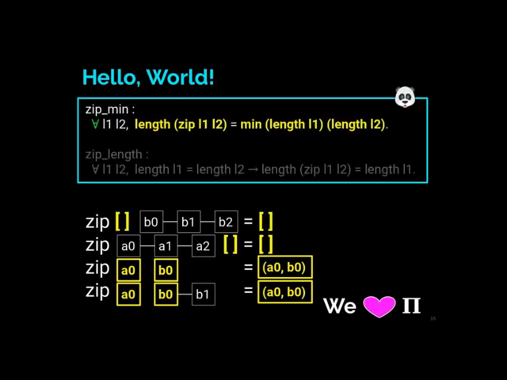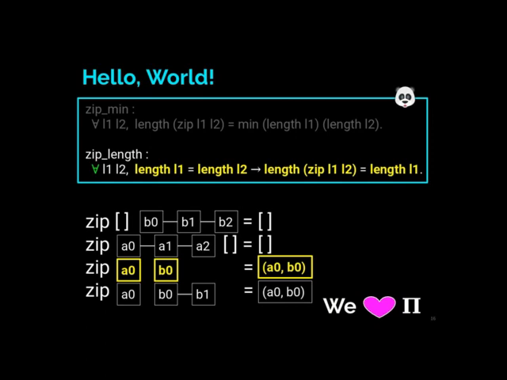Every zip function that does something like this has to make some decision about how to handle lists of different lengths. And the decision that this particular function makes is to truncate off the end of the list that's longer. So in other words, this zip min invariant holds: the length of the result of calling zip is the minimum of the lengths of the inputs.